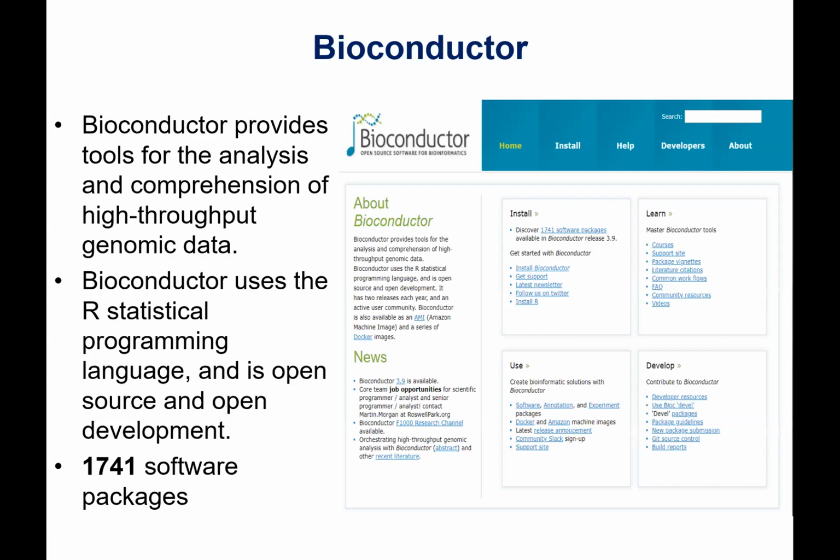It's open source and continues to add many kinds of packages used for genetics and genome analysis. Currently there are over 1,700 software packages there, and you can search for the appropriate package for your own studies.